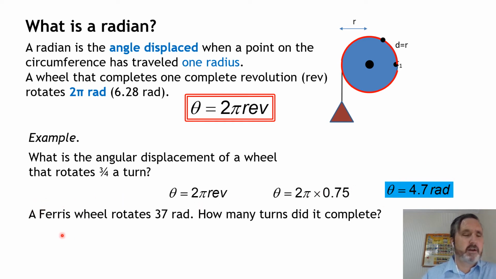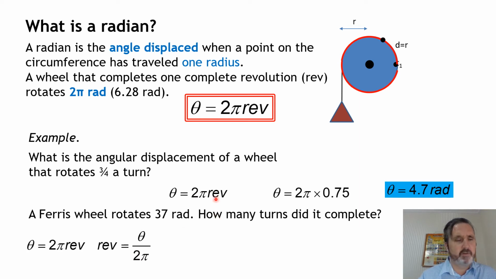Well, let's put this in another way. A Ferris wheel rotates for 37 radians. How many turns does it complete? Remember again that there are 2 pi, or roughly 6.28 radians, for 1 turn. So we're going to rearrange this equation, and the revolutions, or the number of turns, equals the displacement, theta, divided by 2 pi.